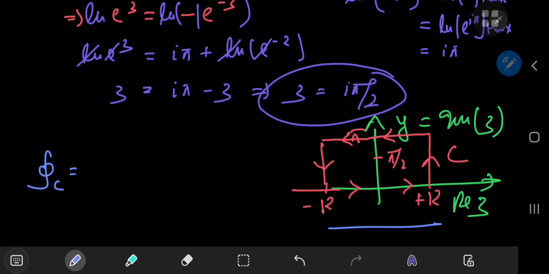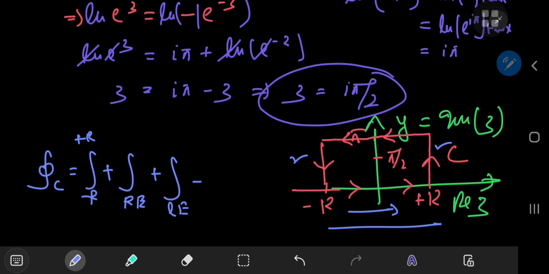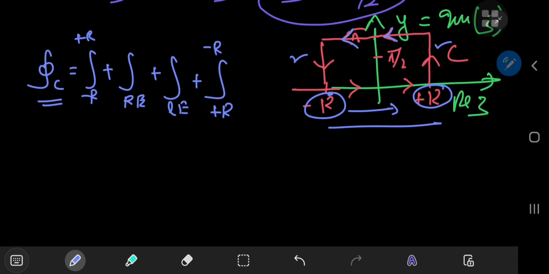First up, we have the integral on the real line going from -r to +r, plus an integral over the right edge of this box, which we'll call RE, plus an integral over the left edge of this box, and another integral over the top edge of the box, that runs from +r to -r.